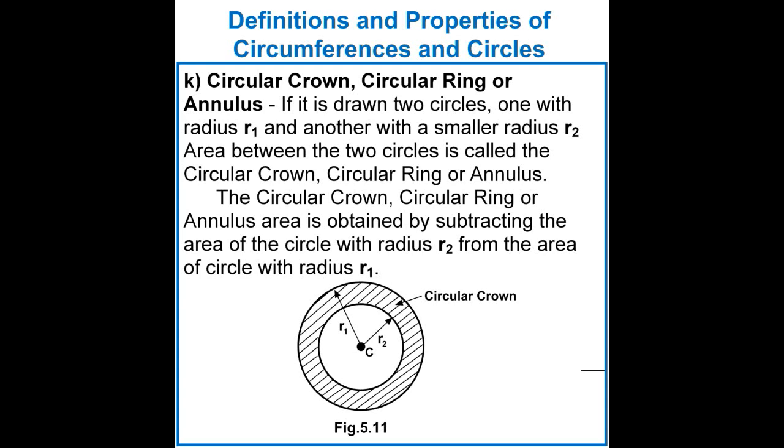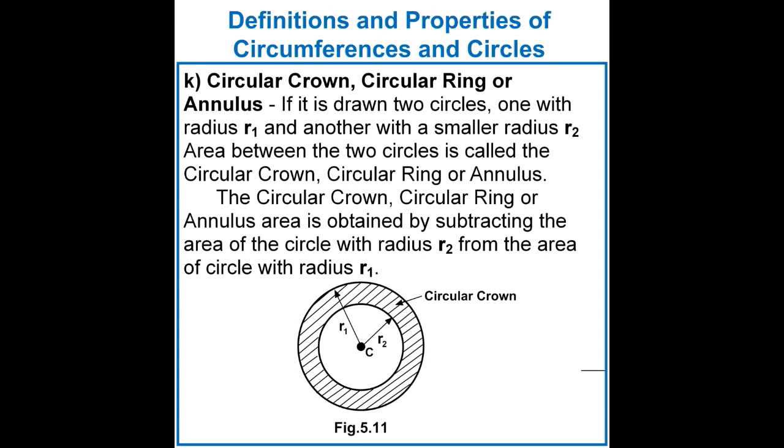This slide shows at figure 5.11 the concept of a circular crown. 2 circles are drawn, one with radius R1 and another with a smaller radius R2. The area between the 2 circles is called the circular crown, circular ring, or annulus.